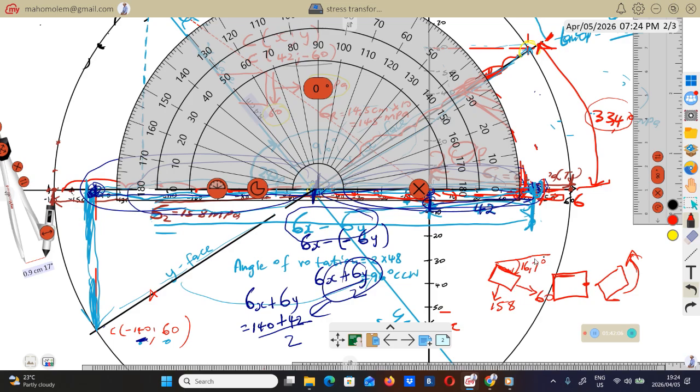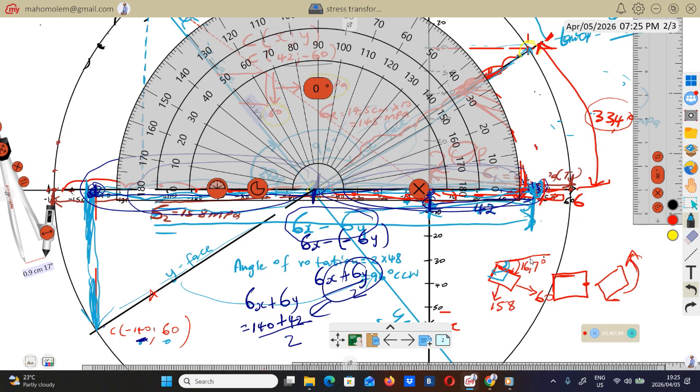So if the angle from here to there is 16, how much will be the angle from here to there? It's going to be this angle which is that 16 plus this angle here which is 90.